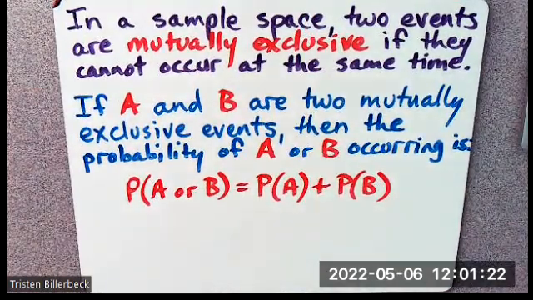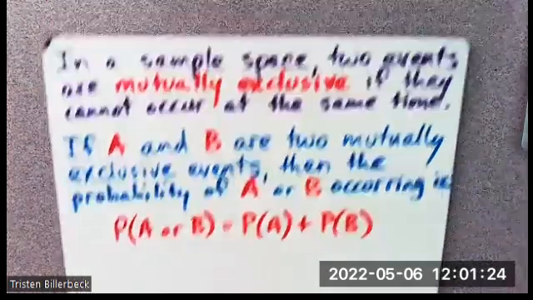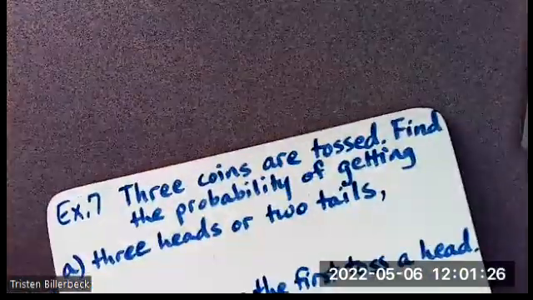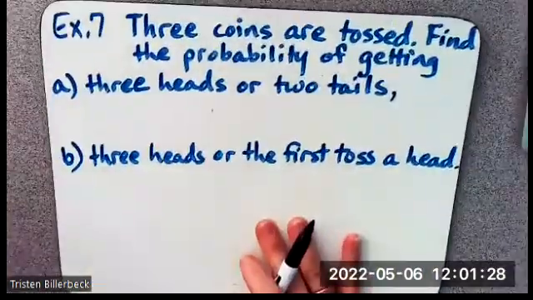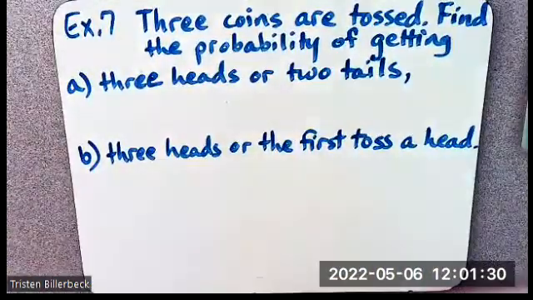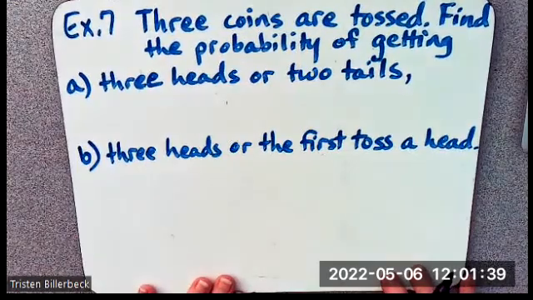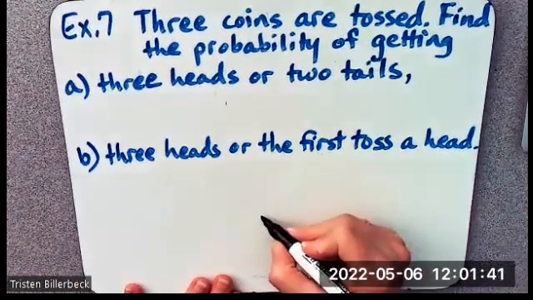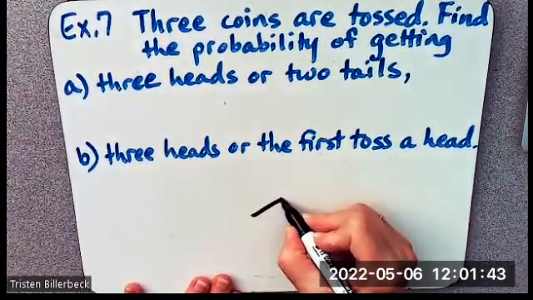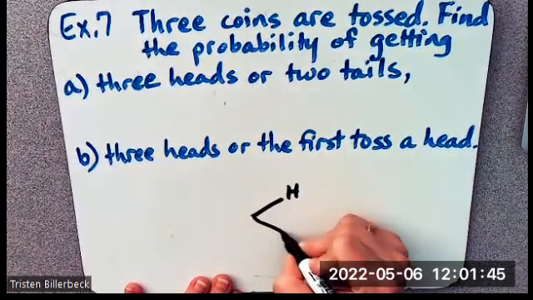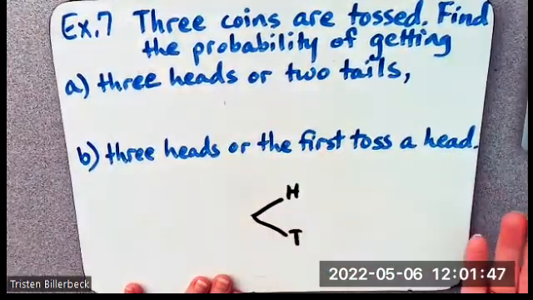All right, so let's take a look at this. How would we use this? So if we have coins that are tossed, let's find the probability of getting 3 heads or 2 tails. Okay, 3 coins are tossed. So let's do the tree diagram. So we have heads, tails, because there's only 2 possibilities.